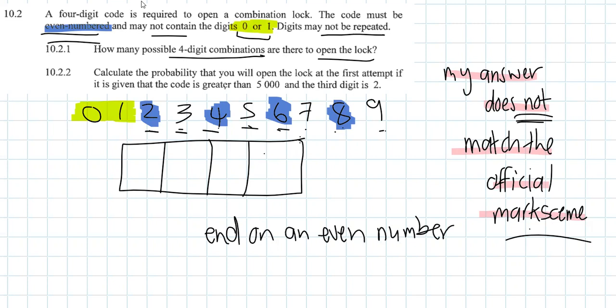So if you look at those blue highlights, those are all the even numbers that we have left to work with. There's 4 of them, 1, 2, 3, 4. So there's 4 options to end on. It has to end on an even number.